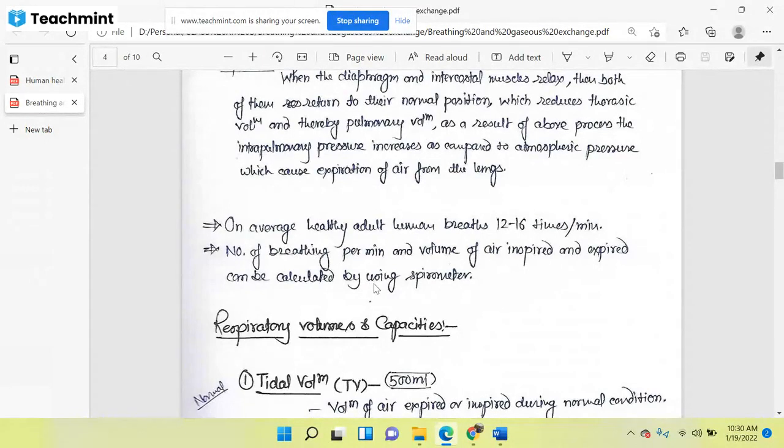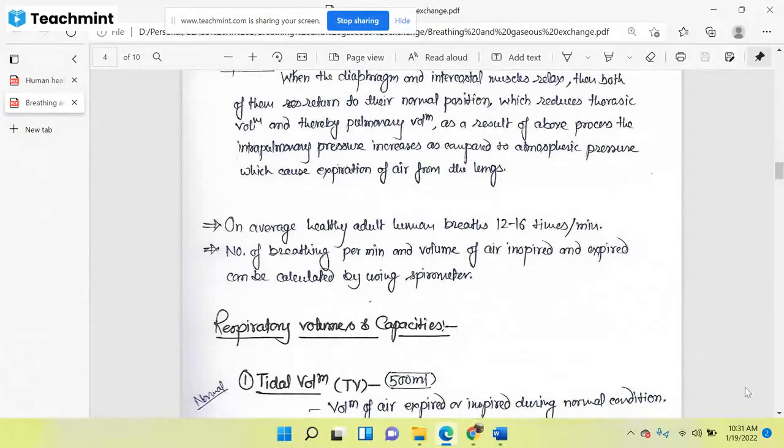So by the increased or decreased volume of air during expiration and inspiration, we can tell whether the person's lungs are healthy or in a disease condition. So the respirometer is a very important instrument using which we can calculate the number of breaths per minute as well as the volume inhaled and exhaled. So you will have to remember the name of this instrument.